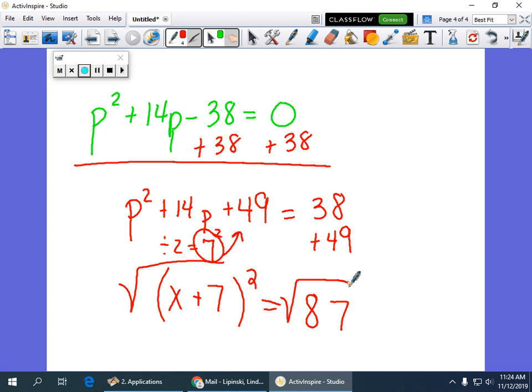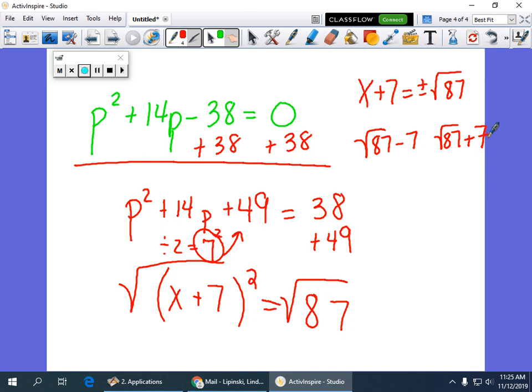Is 87 a perfect square? No. So what we're going to do is p plus 7 equals plus or minus the square root of 87. So my answers are the square root of 87 minus 7 and the square root of 87 plus 7, and you can leave it like that if it is not a perfect square.